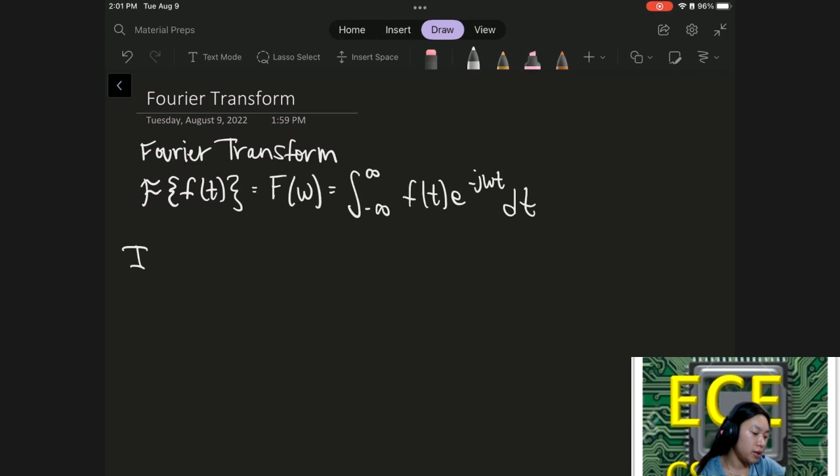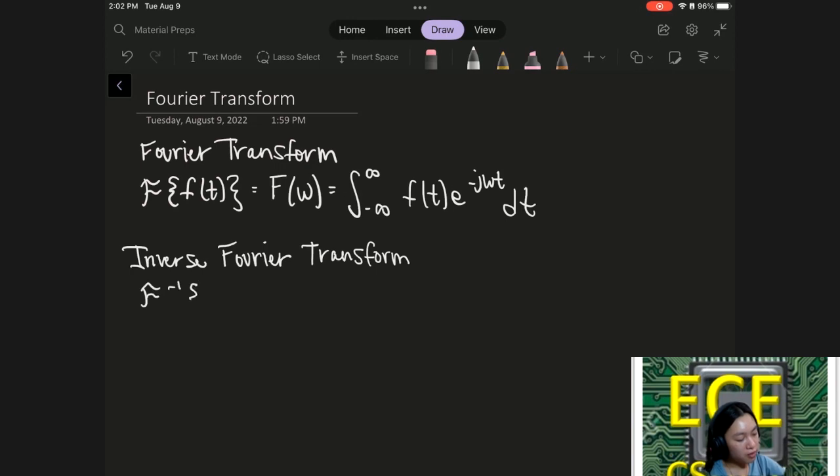And the inverse of that, oh yeah, that's how you spell inverse. Inverse Fourier transform is written as fancy F inverse of the function. Since it's the inverse, you're applying it to the function in the frequency domain.